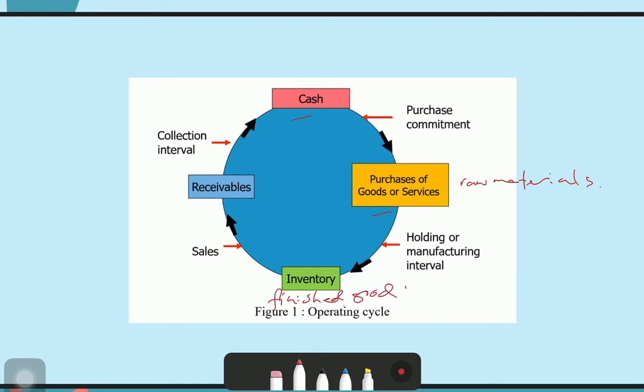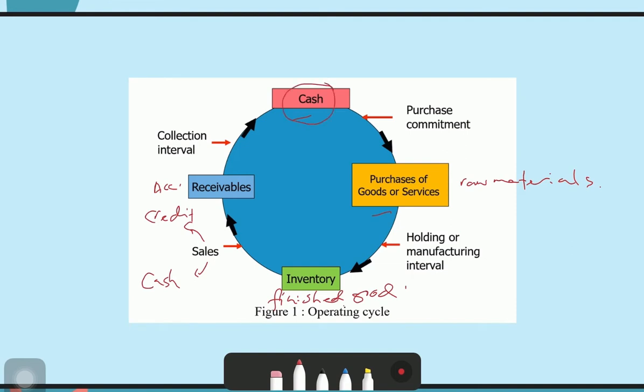If the sale is done on credit, there must be a receivable here, an account receivable. The sales can also be done in cash, and then we collect back our receivable to get back our cash.